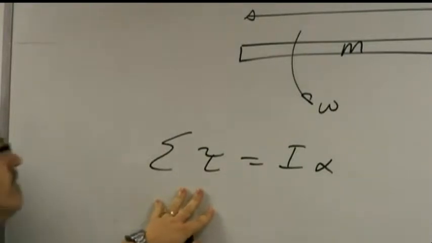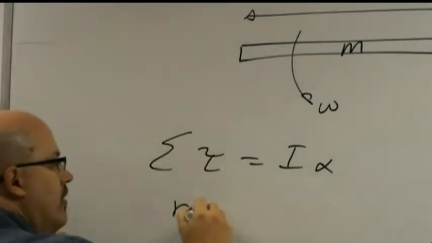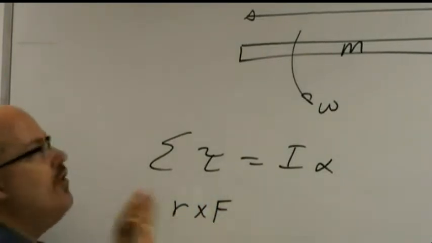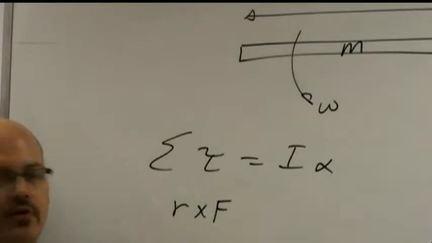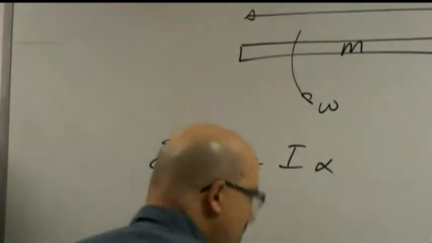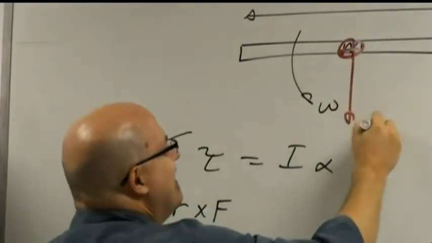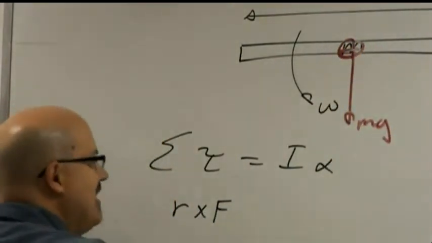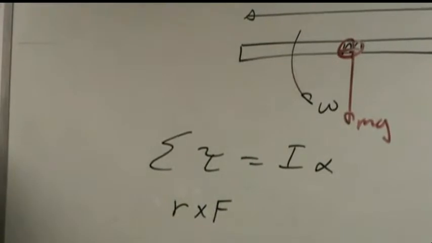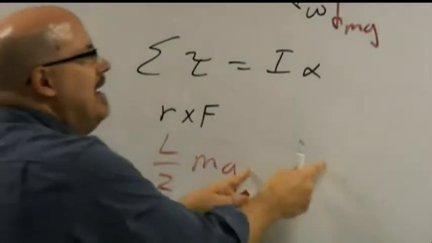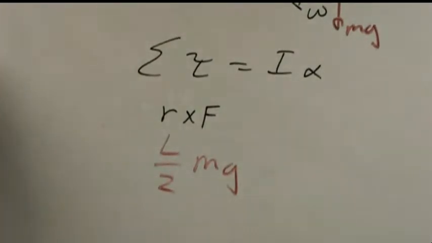R cross F. What is our force? mg. Right here, we've got an mg. So our force is mg. What's our radius? L over 2. What's our sine theta?